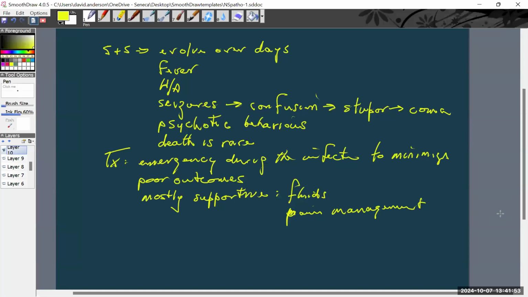So it behaves very similarly to the herpes simplex type 1, which can be transmitted in that case, the exposure comes from droplets from someone who's already carrying the virus.